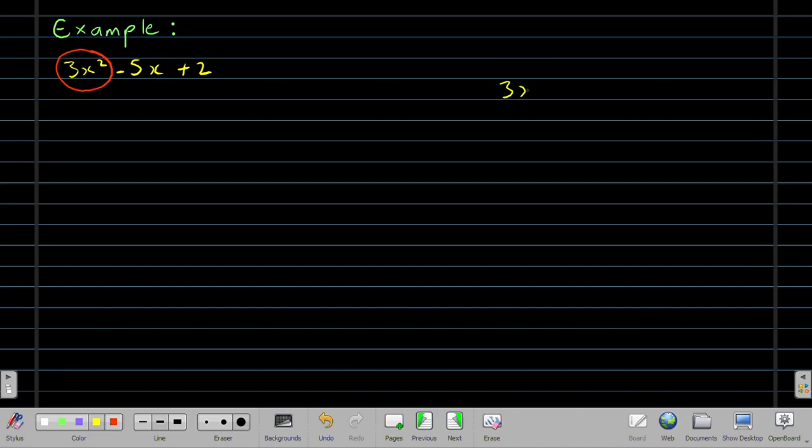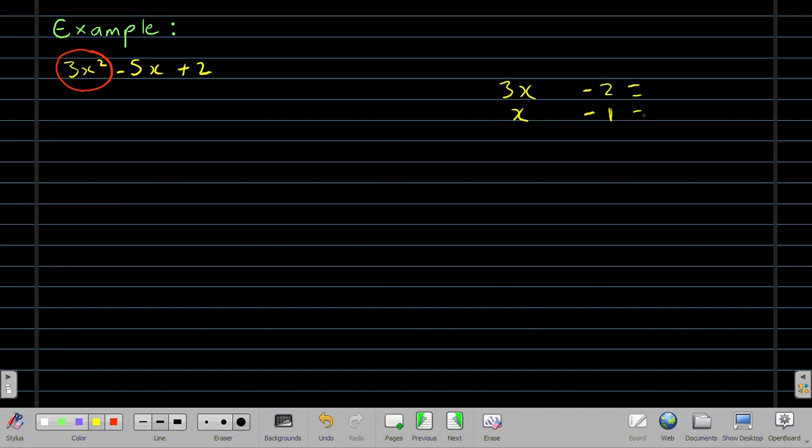All right, so first of all, our factors: 3x and x. What are the factors of 2? It's going to be 2 and 1. If we start with the minus and head over to the plus, that means that both of these have to be negative, right?